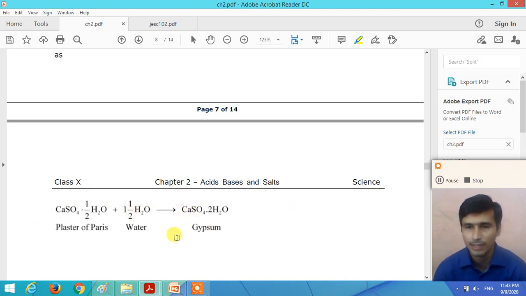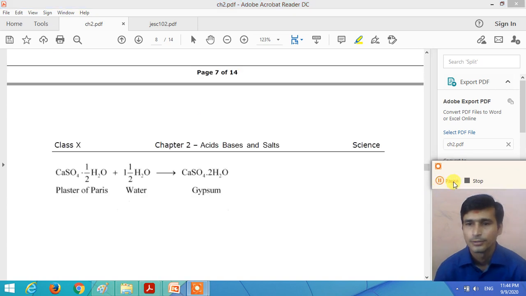What is the chemical formula of gypsum? CaSO4 dot 2H2O. So if we want to balance this chemical equation, we need to add 1.5 here, right? So 1.5 molecules of water combine with plaster of Paris, we get gypsum CaSO4 dot 2H2O.